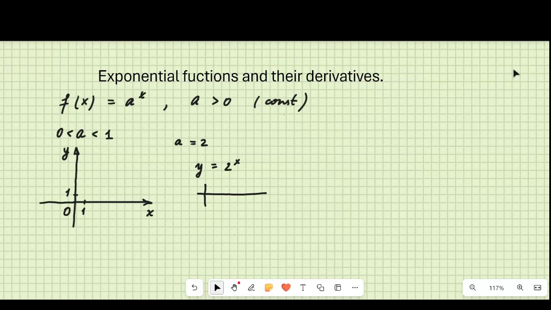Normally, of course, if you are not a human being but a big computer, you would just use multiple points, substitute them instead of x, calculate 2 to the power of those points, and have a big table which you graph. But I'm not a big computer, so I'm going to calculate very few points, which are going to produce an approximate shape of the graph.